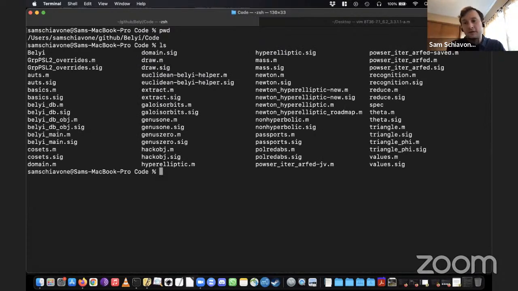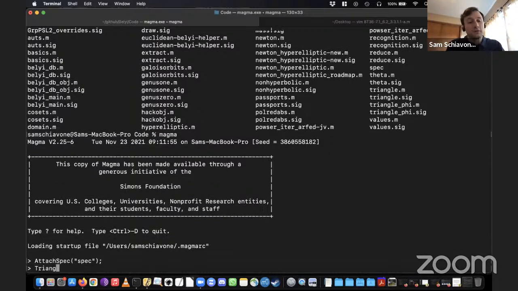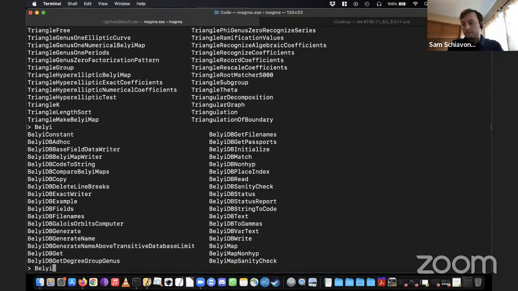And here you can see the various files that have the code to compute the Belyi maps. So I'm going to go into Magma. There's this spec file, which is the specification file that allows us to load all these different functions. Attach spec. Okay, and so now I have all our triangle functions and all our Belyi functions.